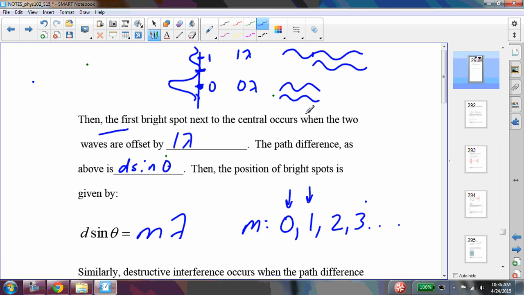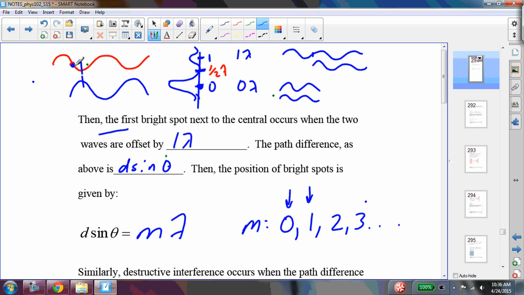Now in between here, I'm going to be offset by half a wavelength. So at the dark spot, I'm going to have my wave there, and then they're going to be offset by half a wavelength. So my second ray will start after 1/2 wavelength, and it'll look like this, so that the peaks line up with the troughs, and the troughs line up with the peaks, and they all go away.